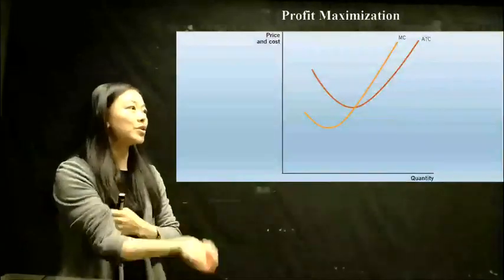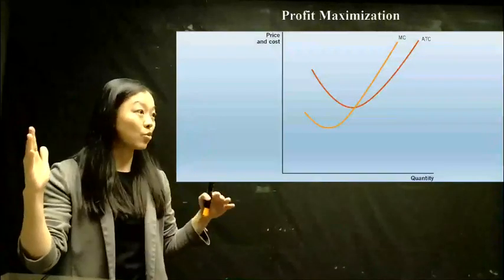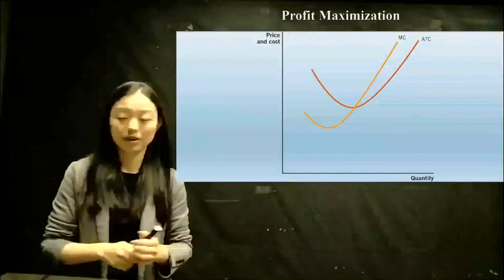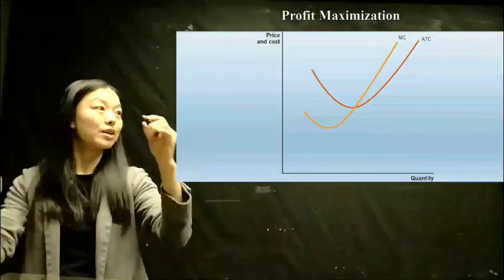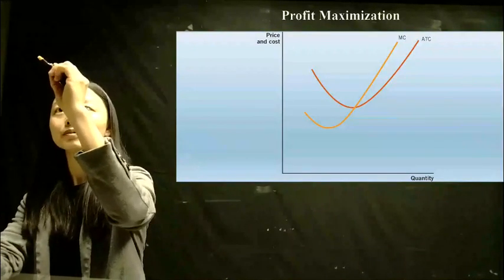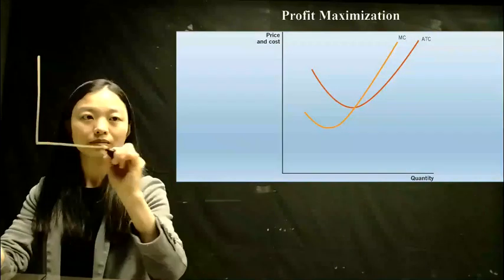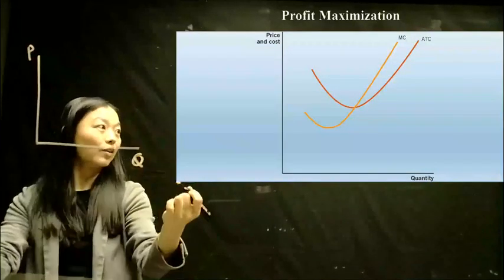So in the next slides, you can see we have the price on the vertical axis, we have the quantity on the horizontal axis, okay? And these are the two curves. So let me draw these two curves here as well. So this is the price, this is the quantity, okay?